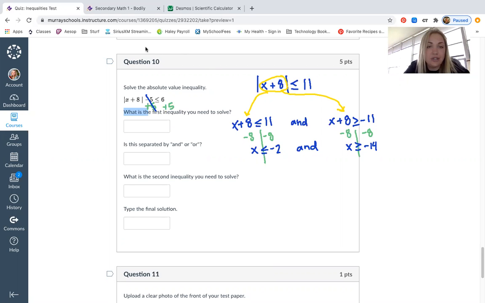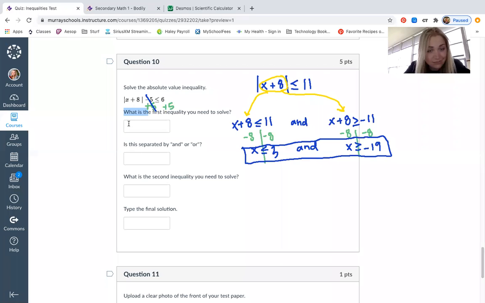So I need to erase this -2, and I need to erase this -14. And let's get this on here. This is +3. And on the other side, -11 minus 8 gives me -19. Whew, narrowly avoided me getting every single problem wrong here.